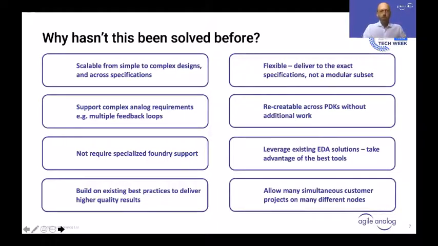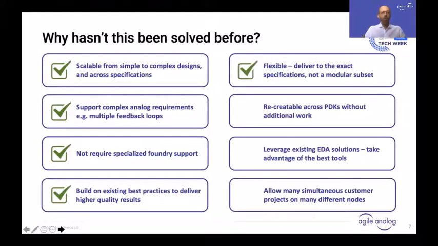So to solve these issues, you need to have a technologically and commercially viable solution. And these are the factors that we've addressed within our tool, right? We have something which is scalable from simple to complex designs. It's capable of dealing with different types of designs and different levels of specifications.